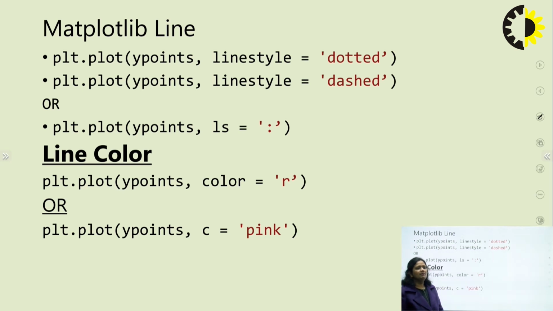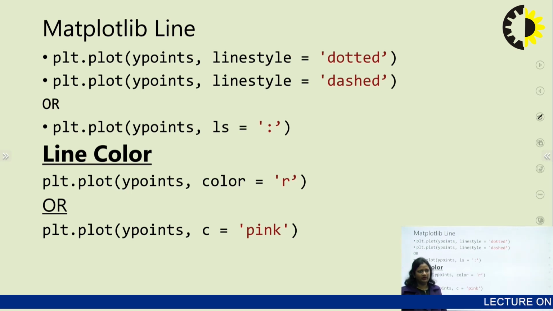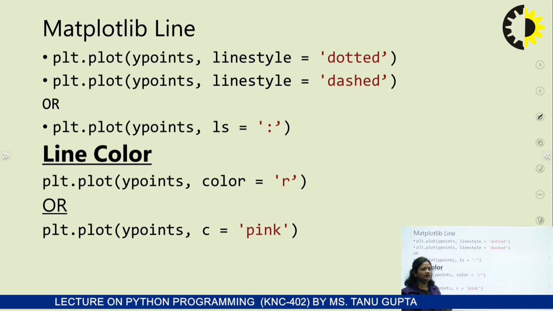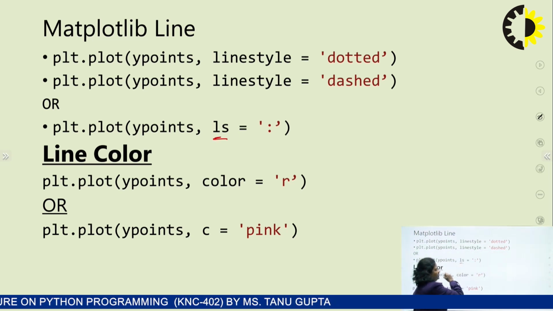Matplotlib line: as we discussed previously, we have an option to draw a dotted line, a dashed line, or a solid line. So we use plt.plot, y points, linestyle. Linestyle is a keyword, or we can use ls in short.